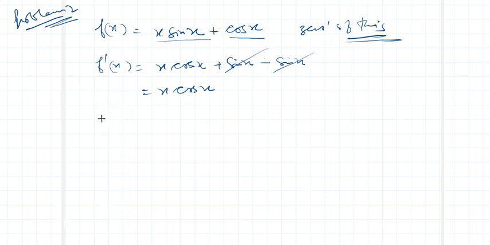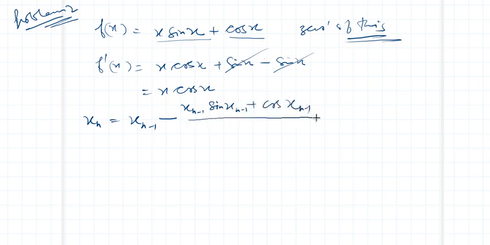So using this, I can write down the iteration formula: xn is equal to xn minus 1 minus (sin xn minus 1 plus cos xn minus 1) whole divided by the derivative, so it is xn minus 1 cos of xn minus 1.